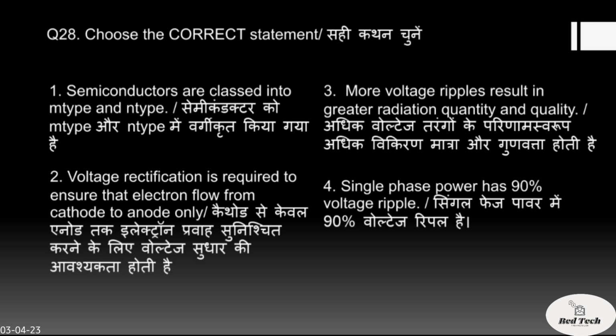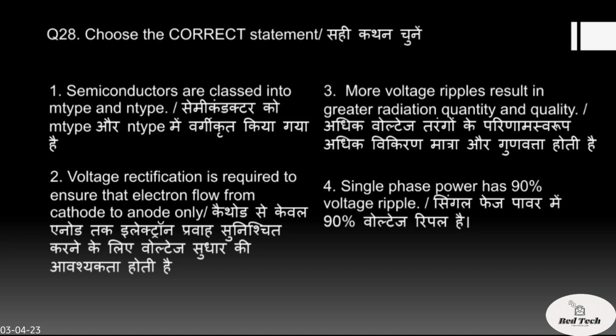Question number 28. Choose the correct statement. Options are: semiconductors are classed into M type and N type. Option number 2, voltage rectification is required to ensure that electrons flow from cathode to anode only.